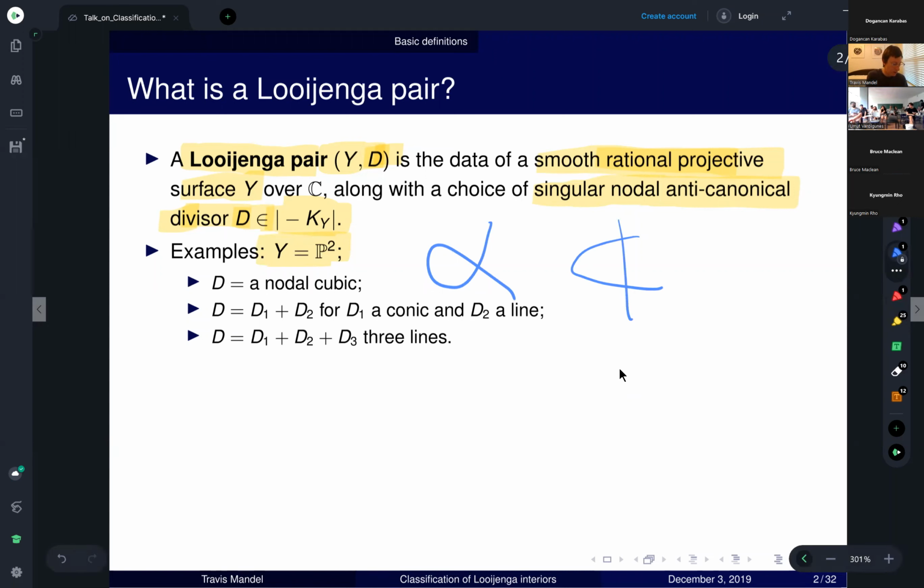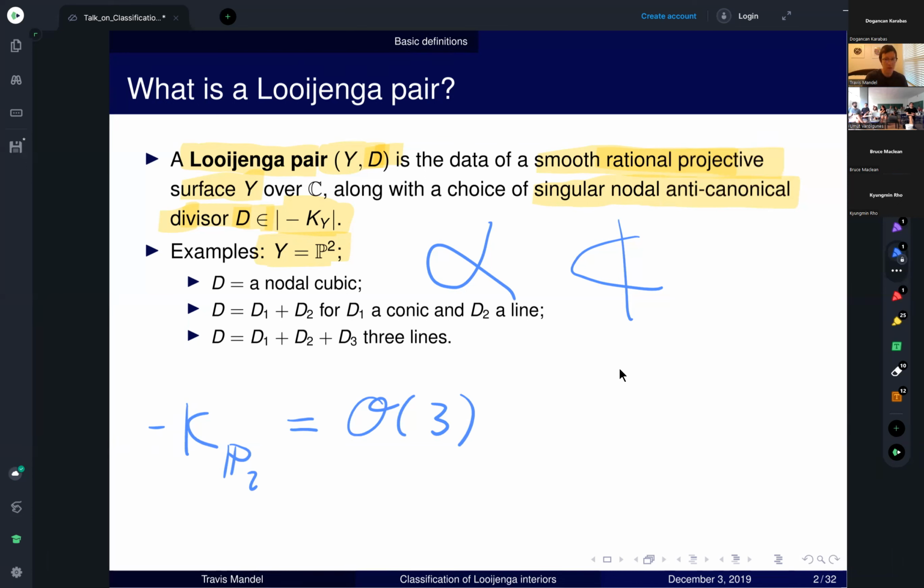Remember for P2, negative K is O(3), so D should be a cubic. So we could have a nodal cubic, or a conic and a line, which is just a degenerate version of the first one, or we could degenerate more and have D be 3 lines.